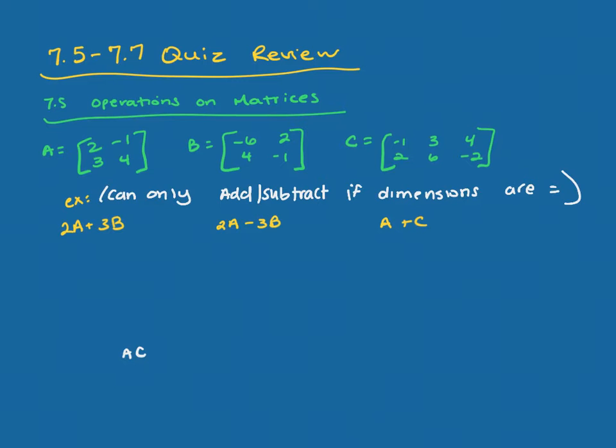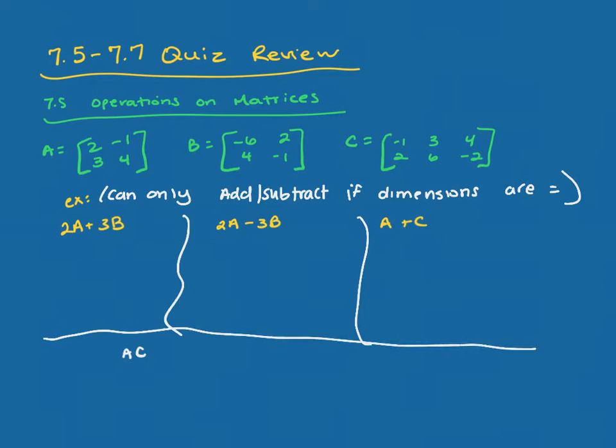So if I gave you A is 2, -1, 3, 4, and B is -6, 2, 4, -1, and C is -1, 3, 4, 2, 6, -2. And then here's some examples of what you can do with these, okay? In that first one, it says 2A plus 3B.